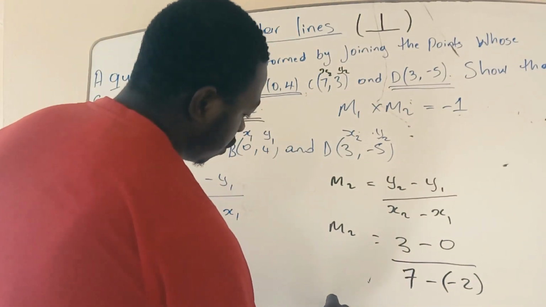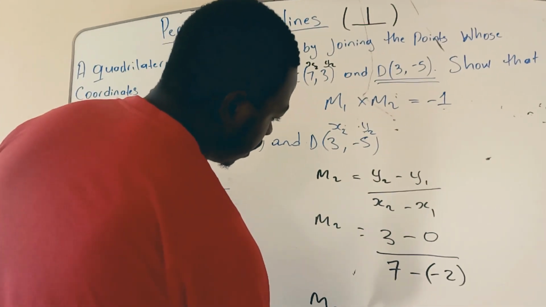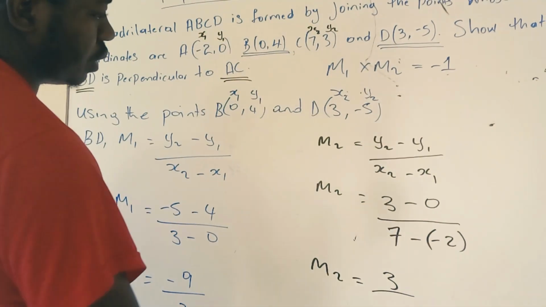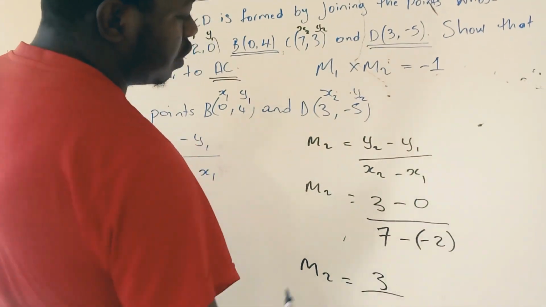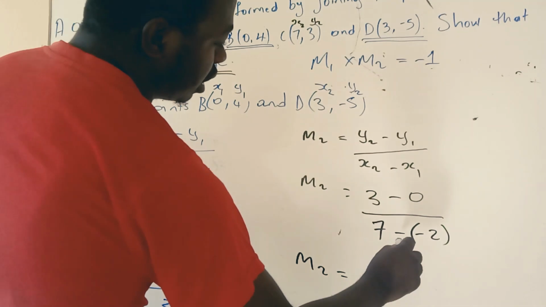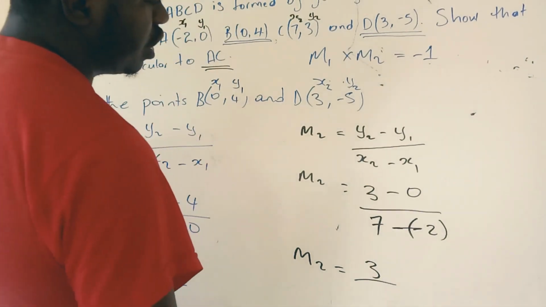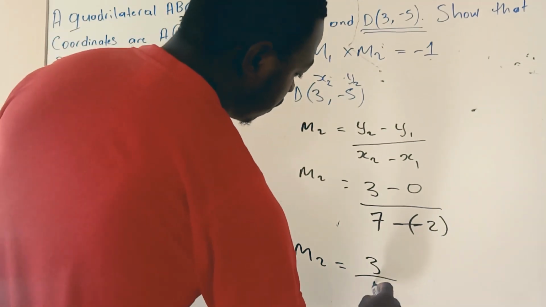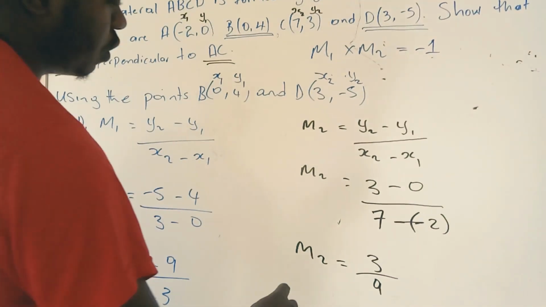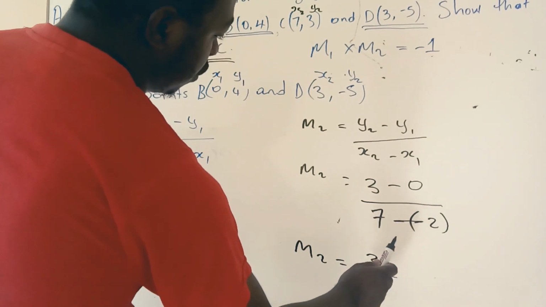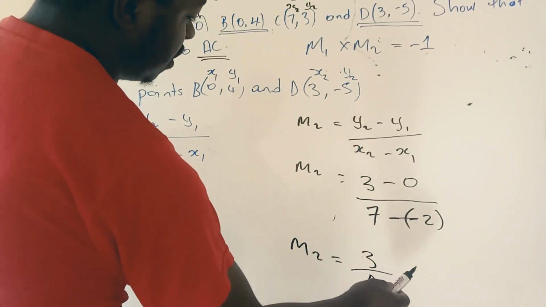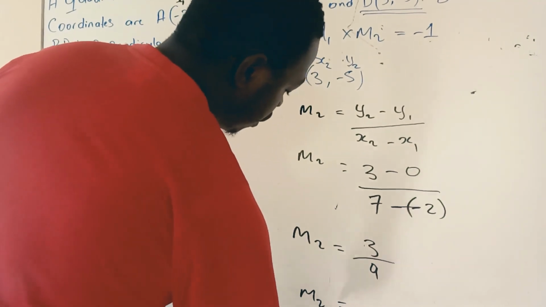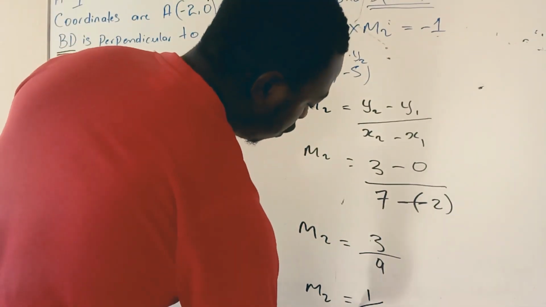Simplifying this, M2 is equal to 3 minus 0 is 3 over, negative times negative will give us a positive, or a simple trick: connect the negative sign and you have one sign which is plus, so this is 7 plus 2 which gives us 9. Now 3 over 9, if you divide both numerator and denominator by 3, then M2 can be reduced to 1 over 3.